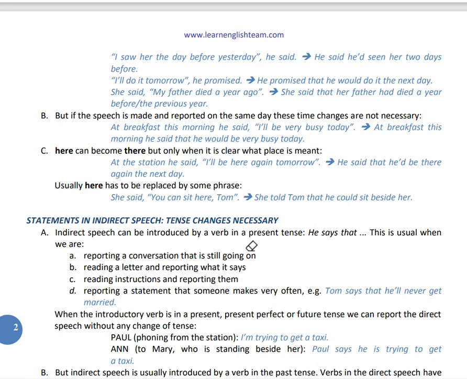And "I'll do it tomorrow," he promised. He promised that he would do it the next day. She said, "My father died a year ago." She said that her father had died a year before, the previous year. Like that.